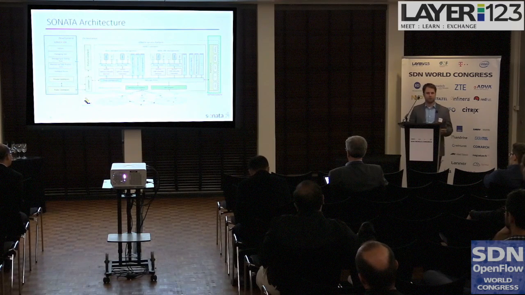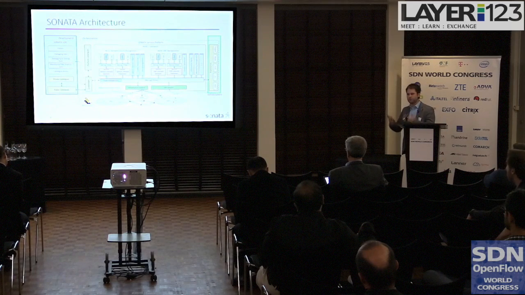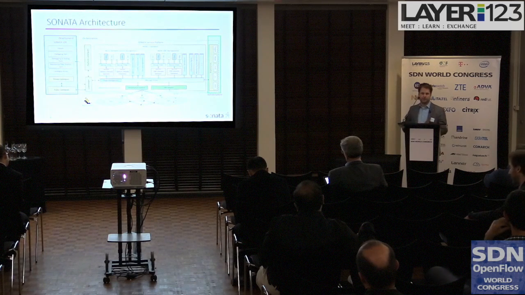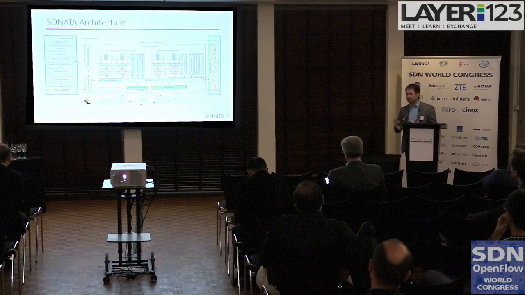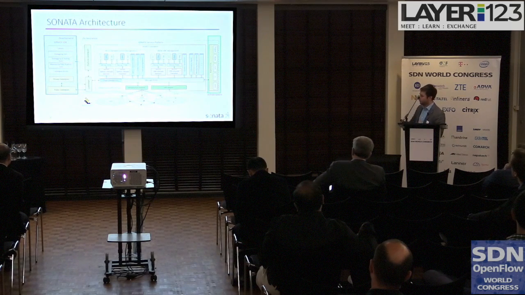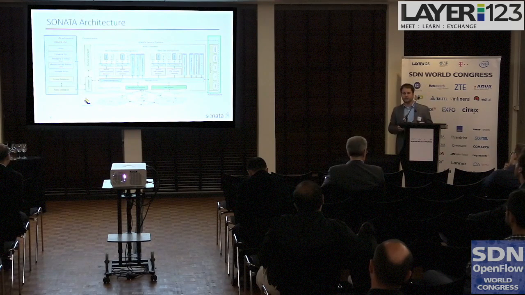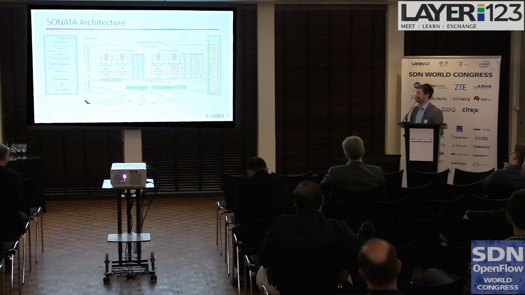So all of our deployment and development tools that we give to service developers and VNF developers so that they can bring and package and develop their network function such that it can be used with the Sonata service platform.